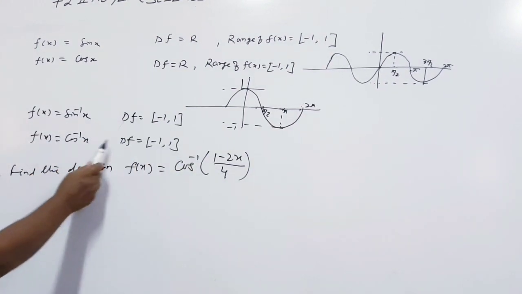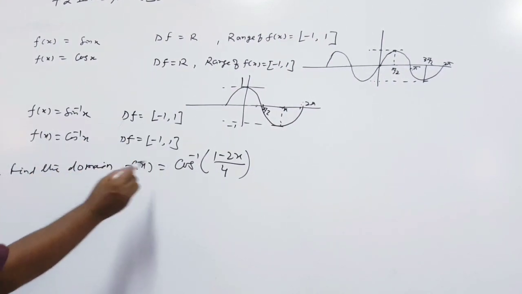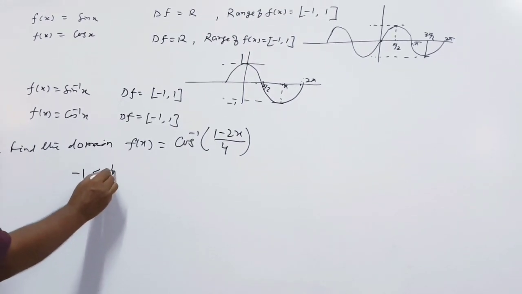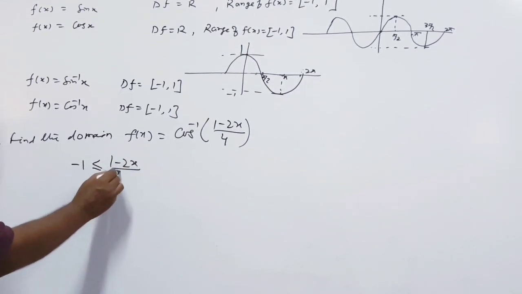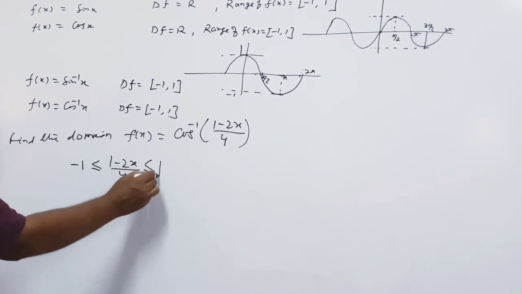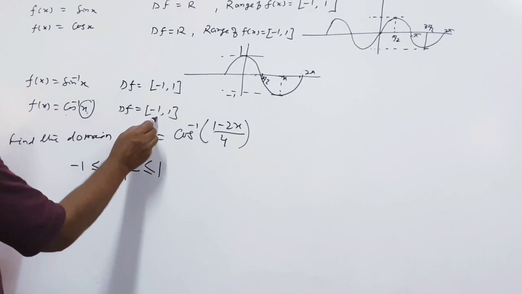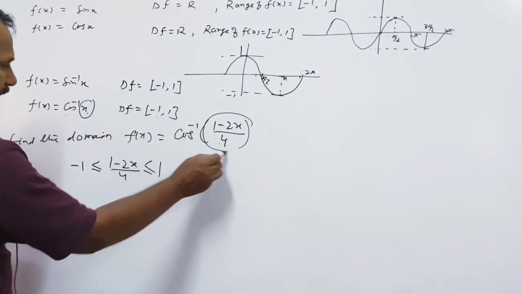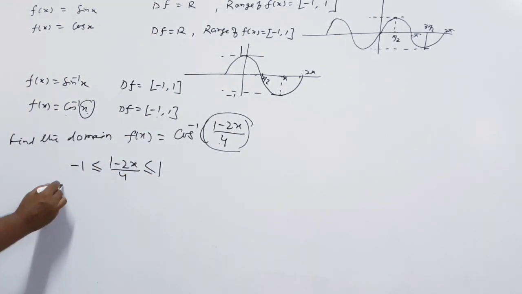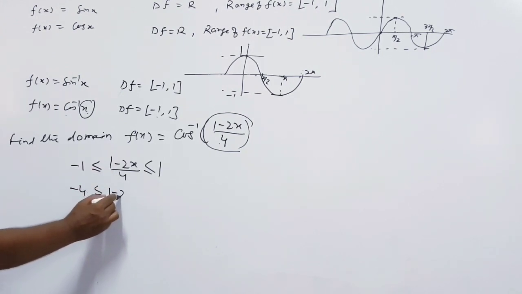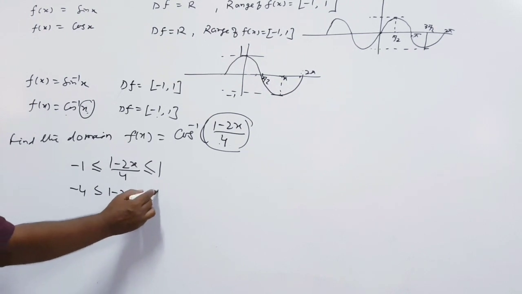Now cos inverse x lies between -1 and +1. Here -1 is less than or equal to (1 minus 2x) by 4, which is less than or equal to 1. If you multiply by 4, then -4 is less than or equal to 1 minus 2x, which is less than or equal to 4.